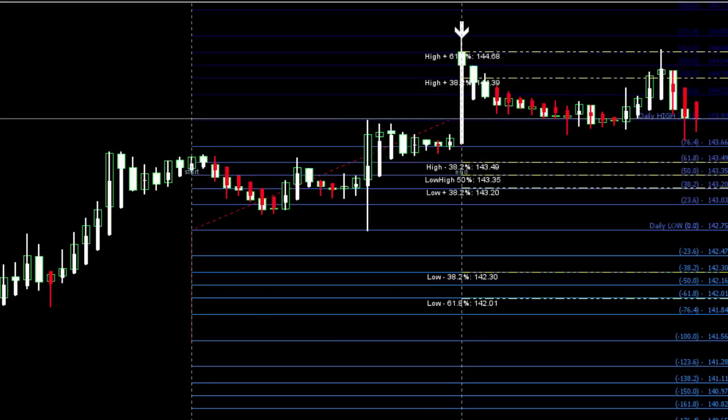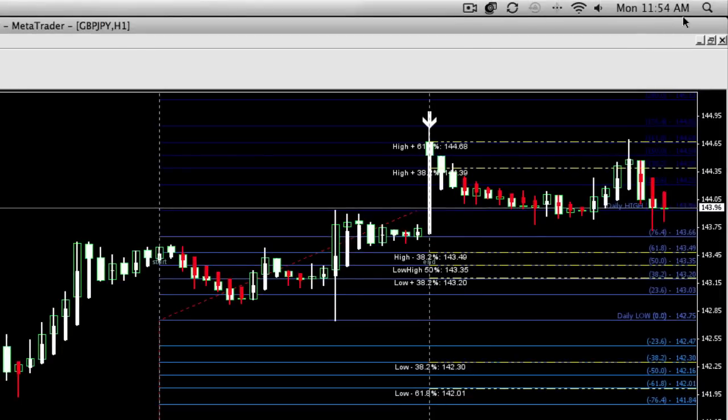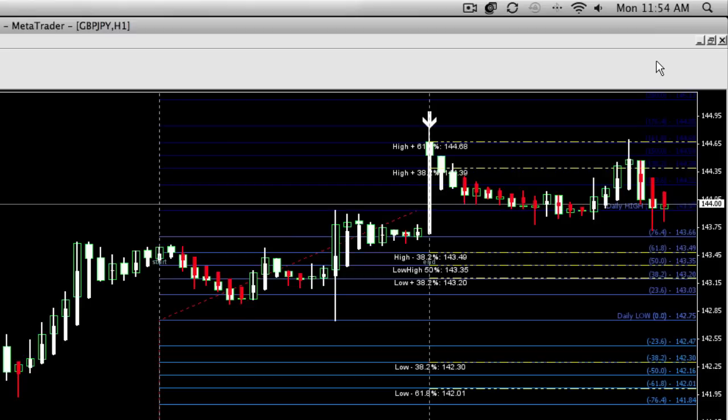Now let's go to pound yen. Red, red, and here is our third red. And if we look up here at the time, we can see that it's 11:54, so we're almost to the end of the hour. That means that next hour, because you need 3 closed candles. That piece is important. 3 closed red candles.